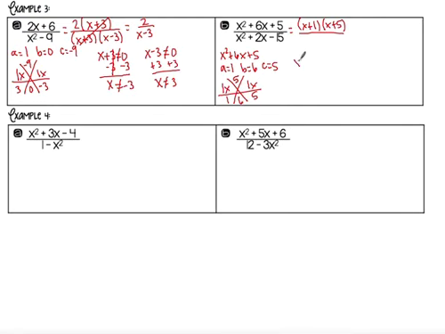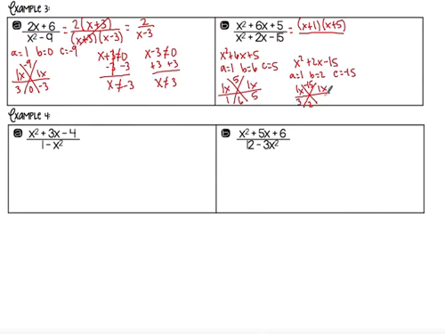On the bottom, I would say x squared plus 2x minus 15. So my a would be 1, my b would be 2, and my c would be -15. So I would be looking for two numbers that multiply together to give me -15, but add to give me 2.